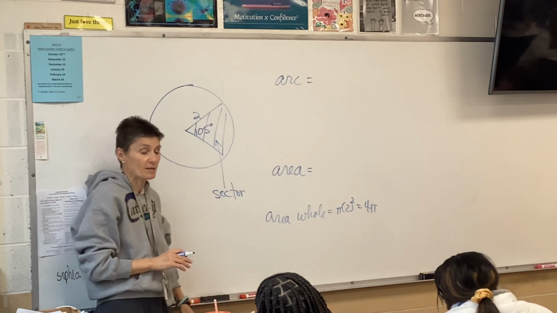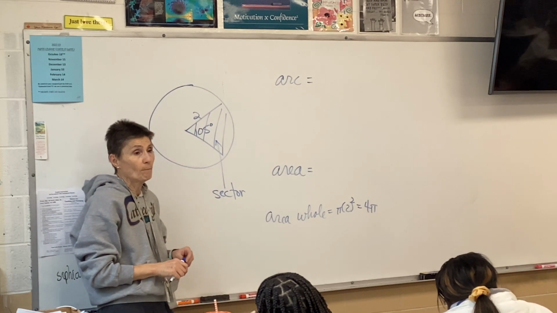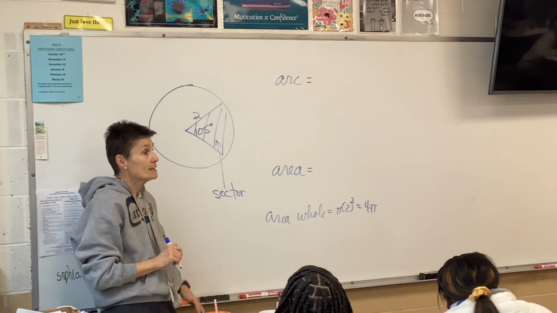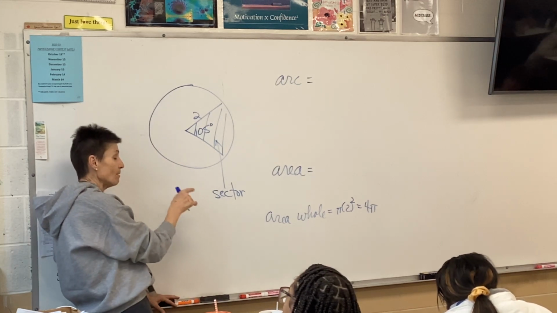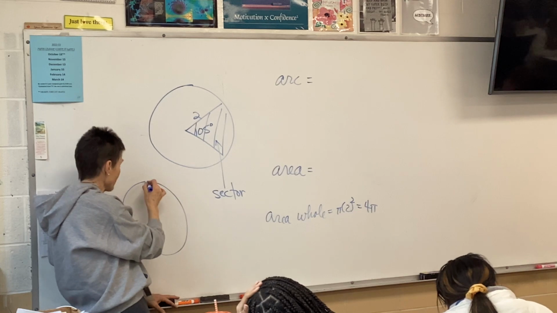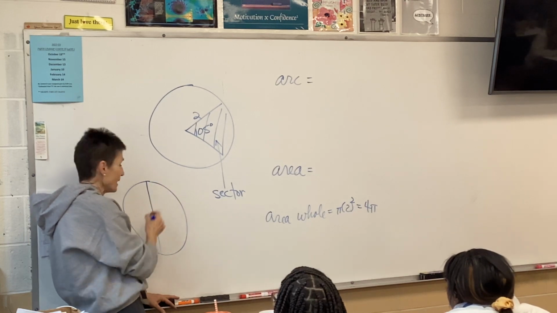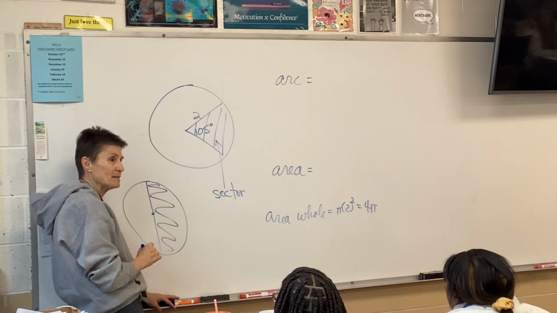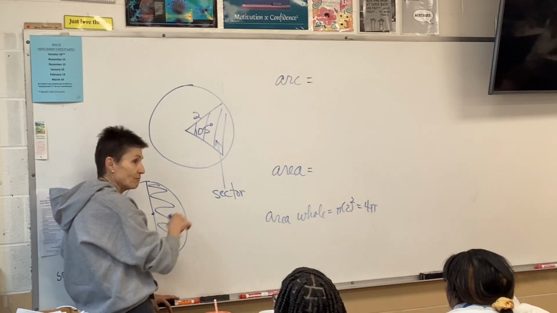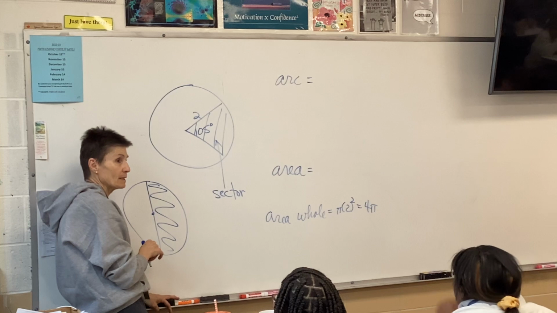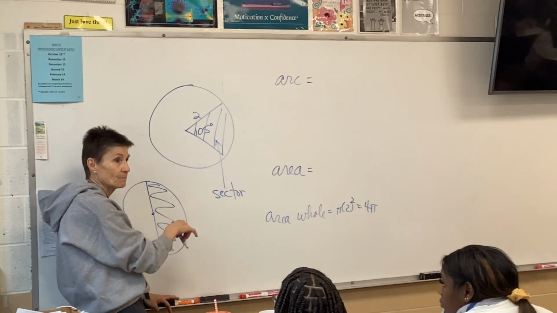Everybody's on board with that. You all passed geometry. Now, I want you to think about this for a second. If I had given you this picture and said, what's the area of that piece of pie? You would say, well, it's half of that, right? Isn't that what you do, half of that?